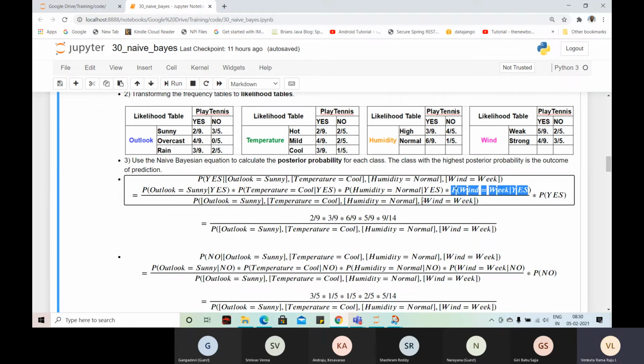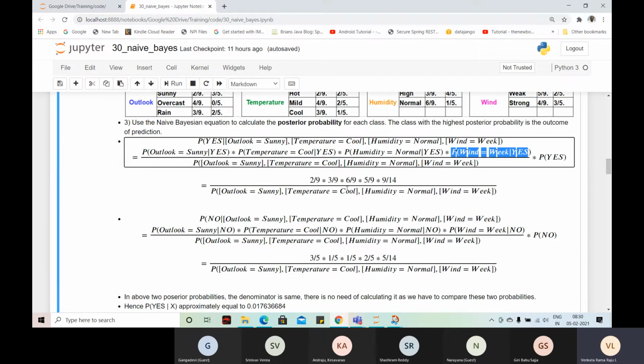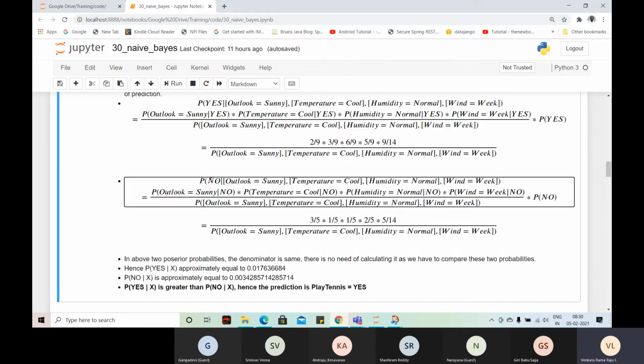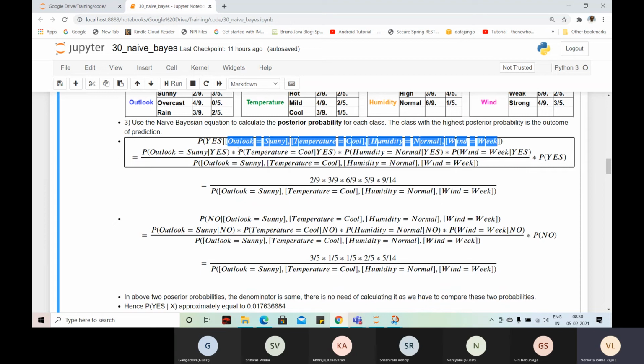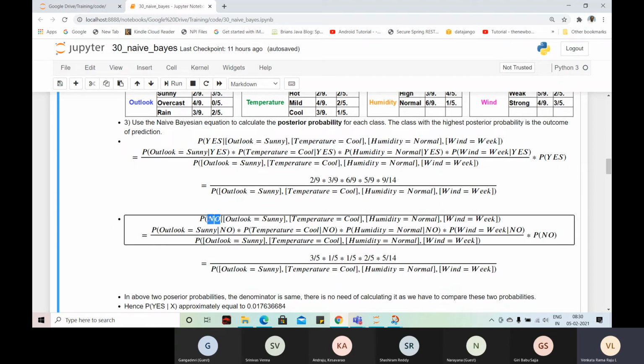I am multiplying them into probability of x. The denominator I am not going to calculate, only the numerator. Even for the no case, same combination of x. What is the probability of belonging to yes? What is the probability of belonging to no?